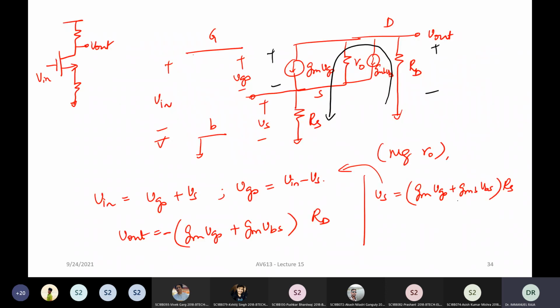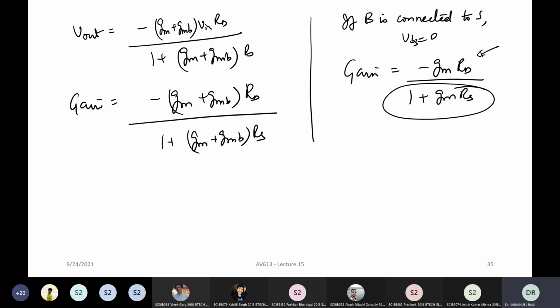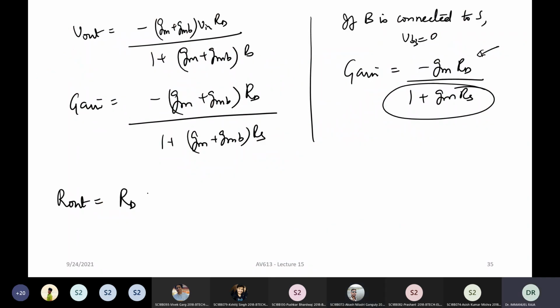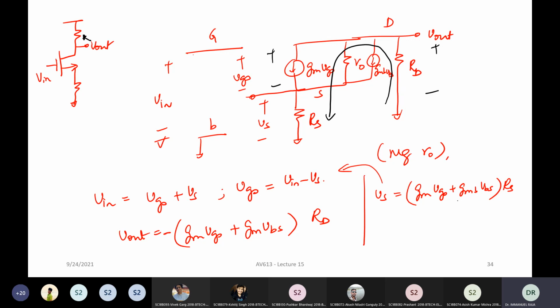Now, can you just look at this and tell me what will be the output impedance? If you look up, what do you see? RD, right? You have RD parallel to, what do you see looking down?